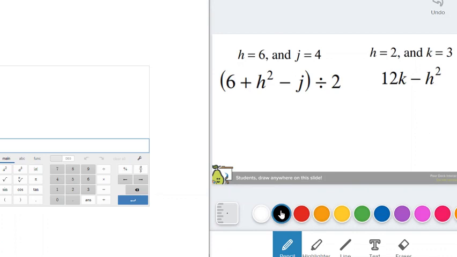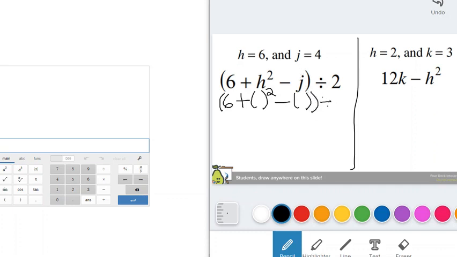But first we're going to rewrite the expression so we know what we're going to input in the calculator. I'm going to do the same system. I'm going to copy everything except for my letters. Whenever I see a letter, I'm going to make a set of parentheses, and I'm going to continue copying everything else. I'm also going to copy the parentheses that are there originally.